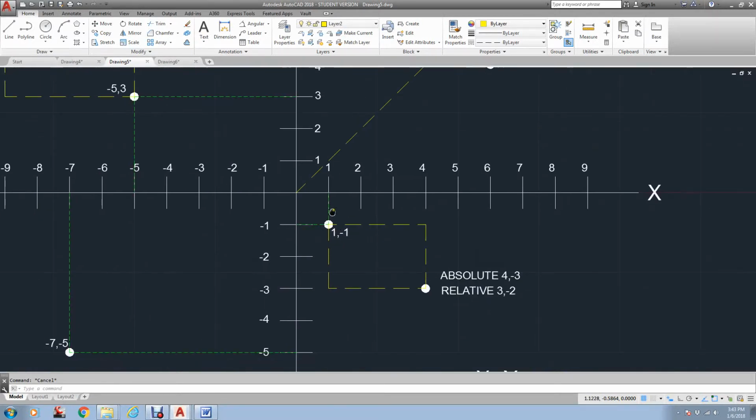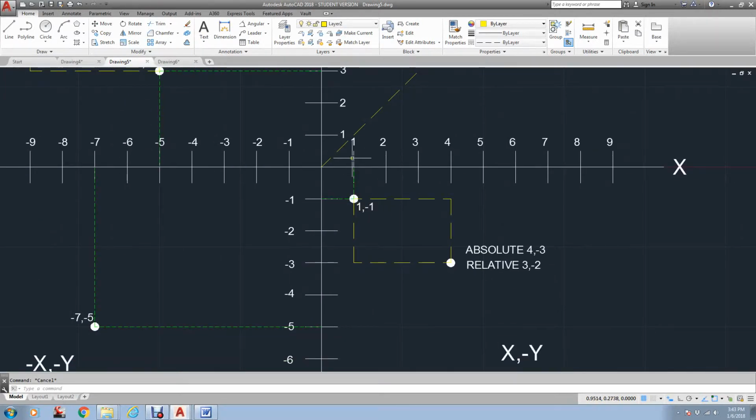And again, if you look here, this absolute coordinate here is 1 to the right, x, which is positive, and 1 down, here's negative 1. Here is an absolute coordinate, 4, 1, 2, 3, 4, and then go down negative 3, 1, 2, 3. That's the absolute.